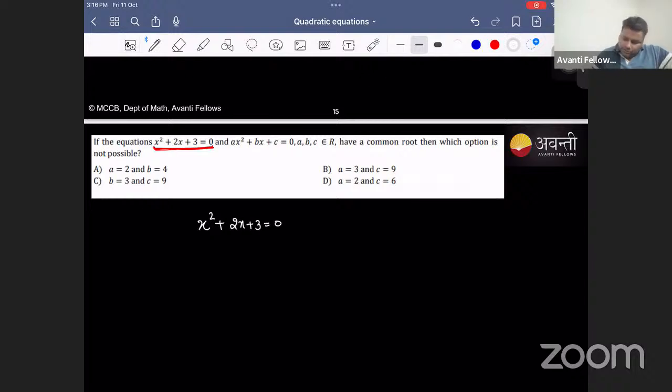If you see its D is less than 0. D is b square minus 4ac, so 4 minus 12, which is minus 8, which is less than 0. So if D is less than 0, the roots are imaginary.